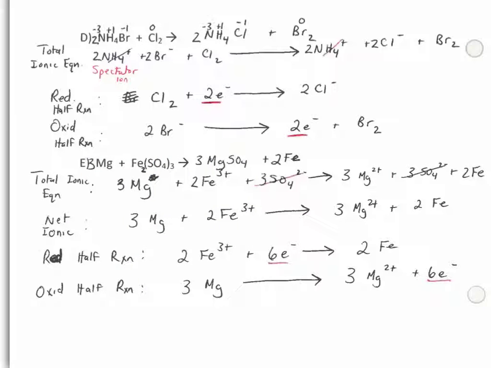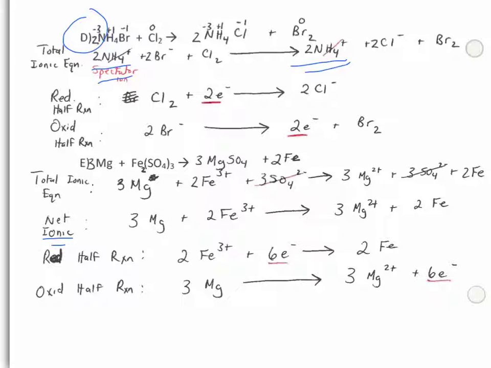Without going into as much detail as I did up above, one other approach I want you to see for a reaction like we see in part D is that really what we're interested in is the total ionic equation, or even the net ionic equation, as we see here in part E. Focusing on part D though, I write the total ionic equation, and the NH4 plus is the same on both sides of the equation.